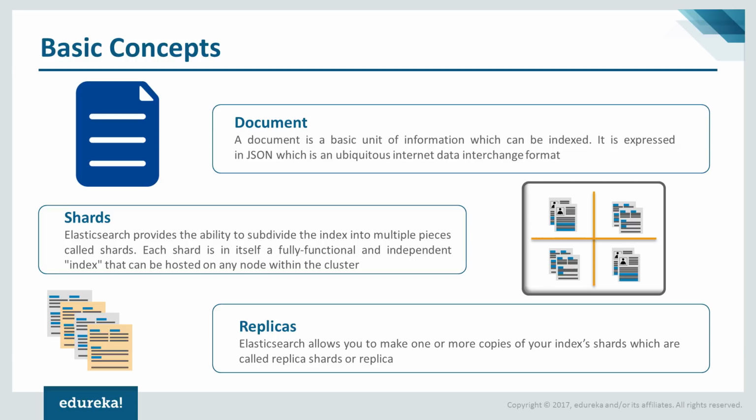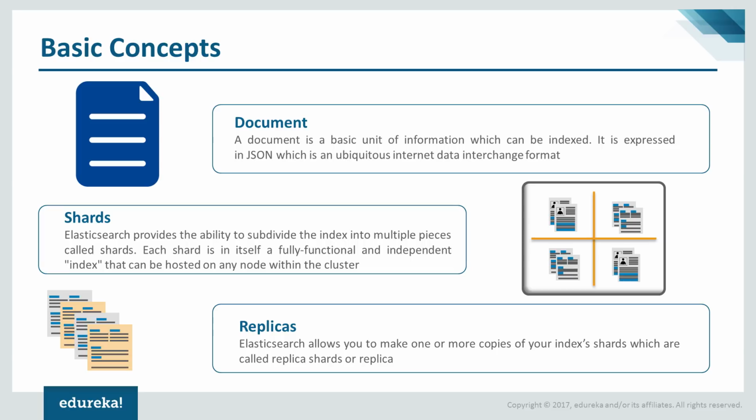Elasticsearch provides you the ability to subdivide an index into multiple pieces. Suppose I have created an index of a larger size as compared to the capacity on that particular Elasticsearch node. What will actually happen? Elasticsearch will subdivide that complete index into smaller parts which are called shards.